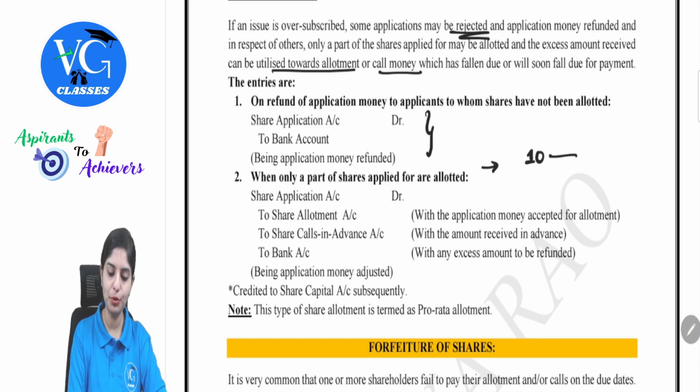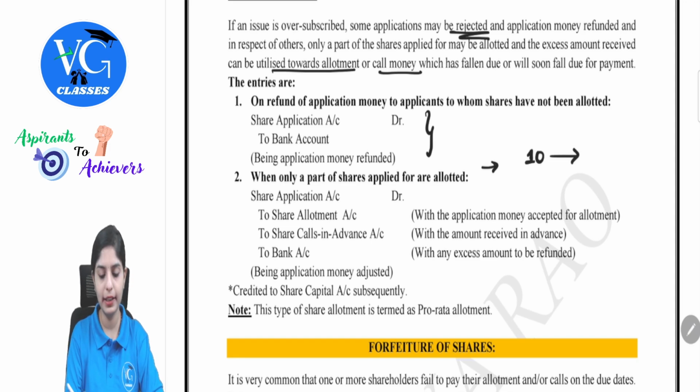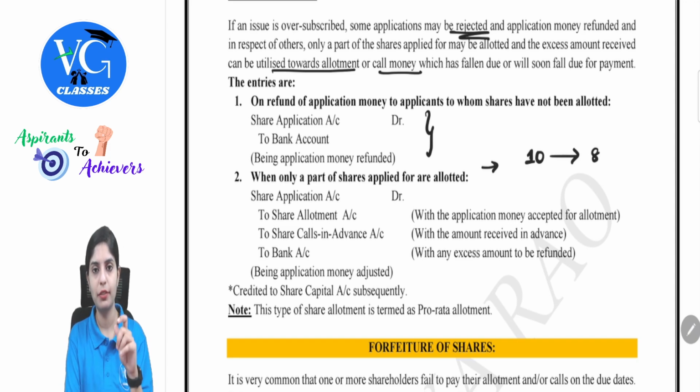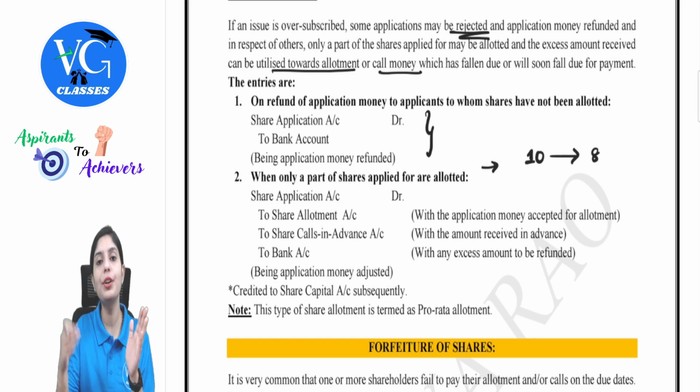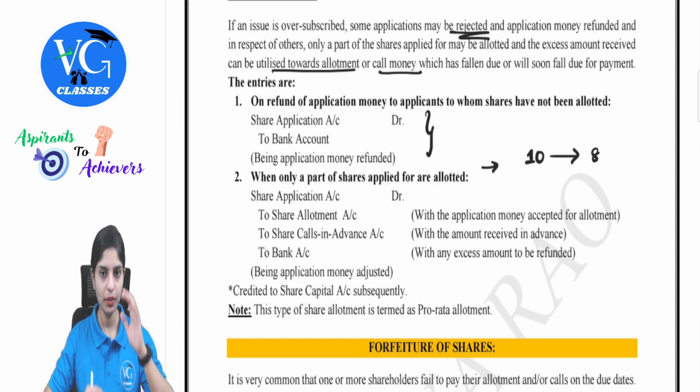But with pro rata allotment, instead of allotting 10, the company might allot 8. This reduction from 10 to 8 saves 2 shares, which can accumulate together to allot to other shareholders who have shown interest by providing extra or excess applications. If this is the situation, what the company prescribes is that instead of refunding the application money, we will allot the shares. That is why pro rata allotment is happening.